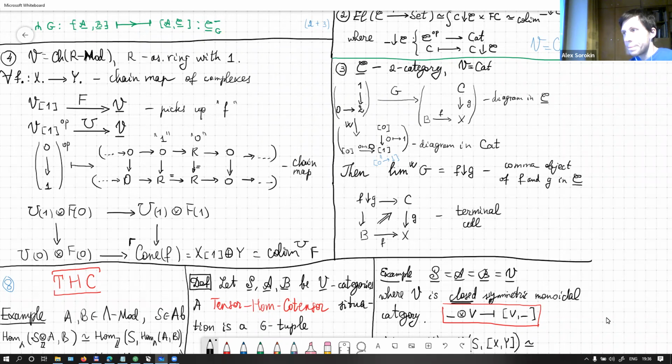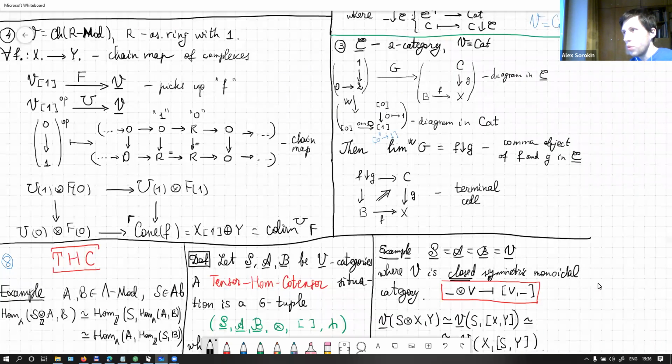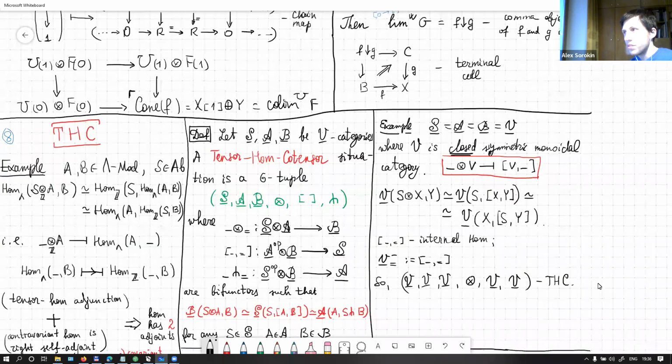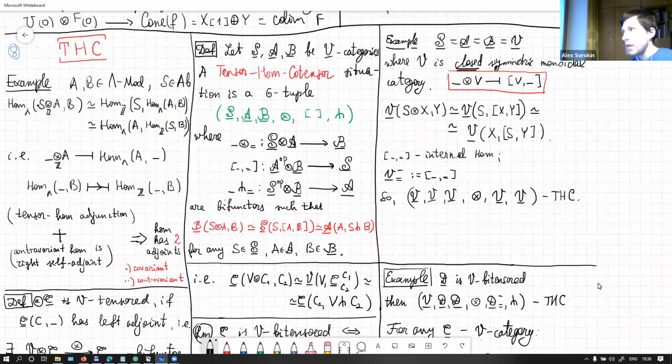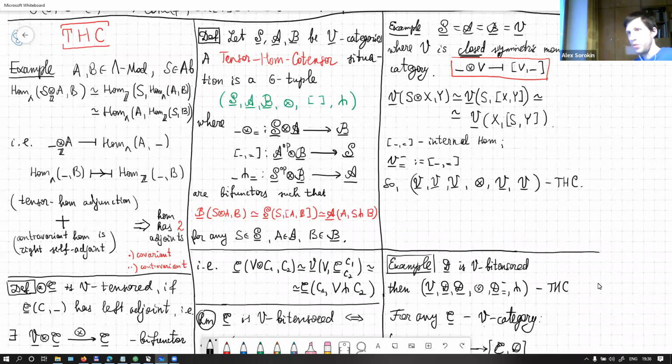Okay. Now, since there are no questions, we will go to the next topic, which is the Tensor-Hom-Cotensor situation. To talk about it, I want first to talk about one example that's well known to everyone. It's the Hom-tensor adjunction. So what do we have?